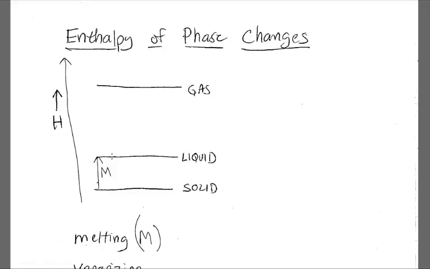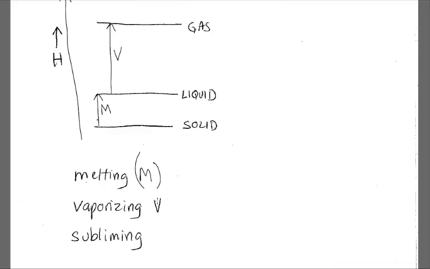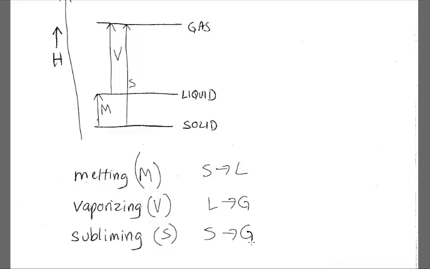When you go from a liquid to a gas, that is known as vaporization, which I'm going to mark as V. And when you go directly from the solid all up to the gas without passing through a liquid, that is known as subliming, S. Alright, so melting is from a solid to a liquid, vaporizing is from a liquid to a gas, and subliming is from a solid directly to a gas.